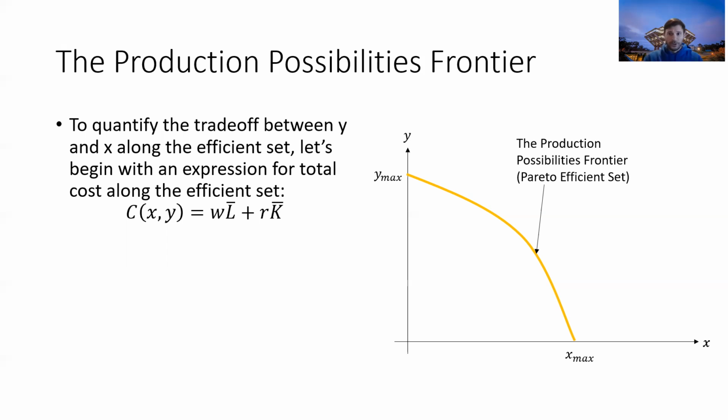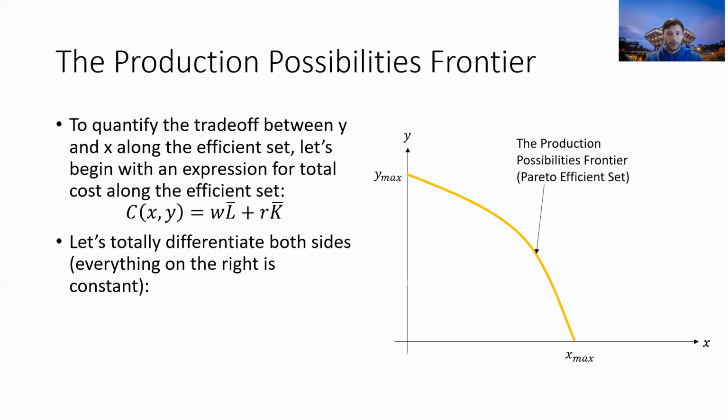So we're going to totally differentiate both sides. The left side is dc, but the right side is a constant. So when we totally differentiate the right side, it's going to be what? Yeah, it's going to be 0.